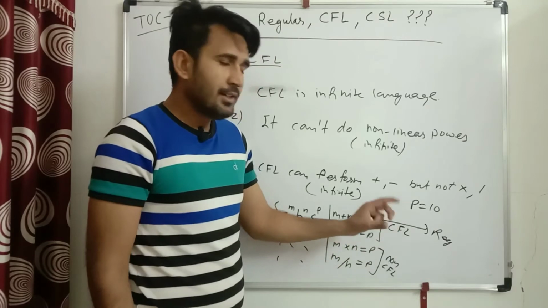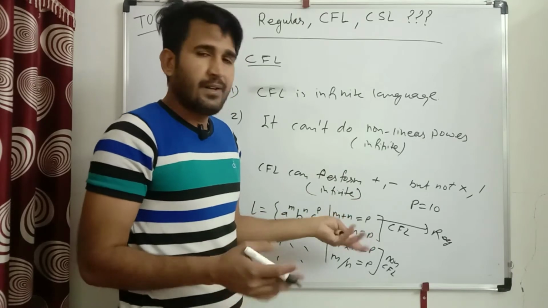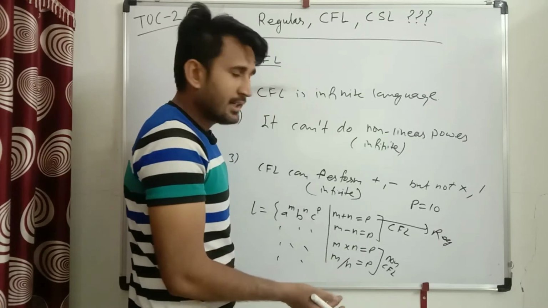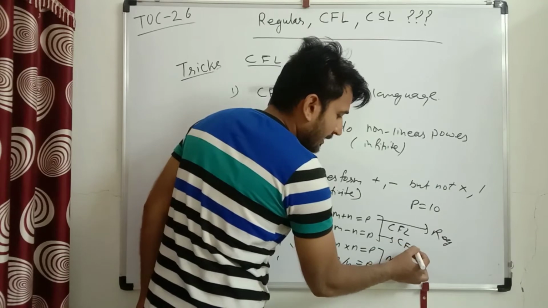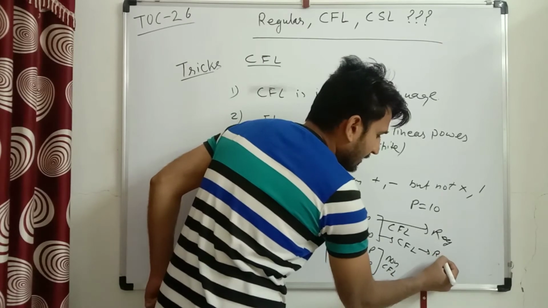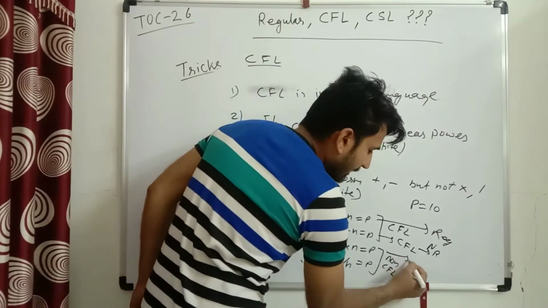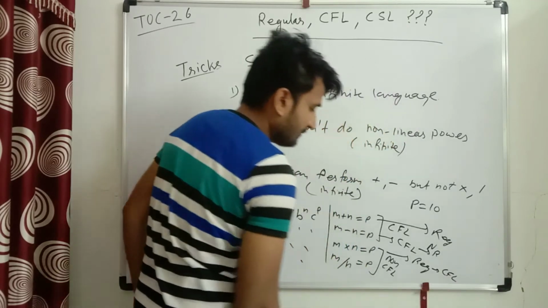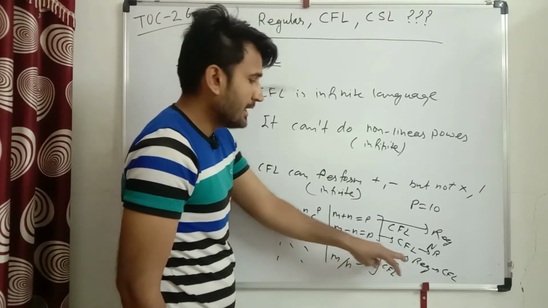I will tell you the hierarchy for this later. Second, non-regular but it is CFL. In the previous example we see it is non-regular but it is CFL. And this one is regular, so it is also CFL. If P is variable, that is non-CFL, but if P is constant, then it is a CFL.